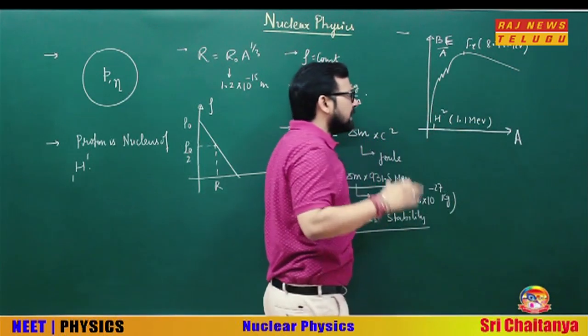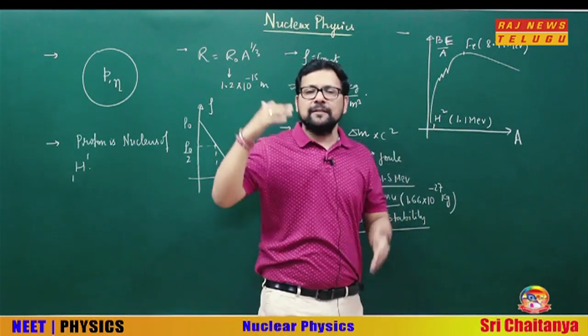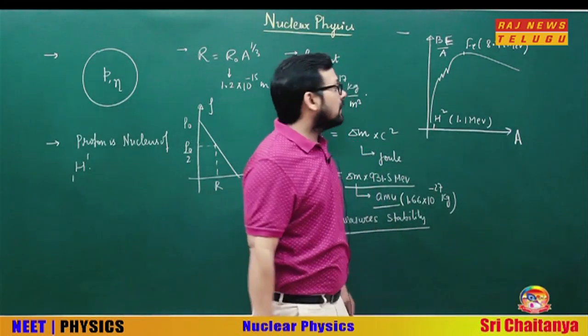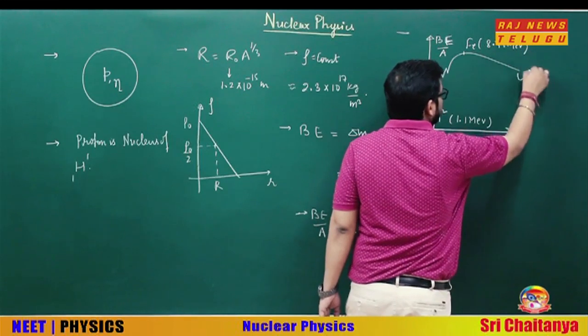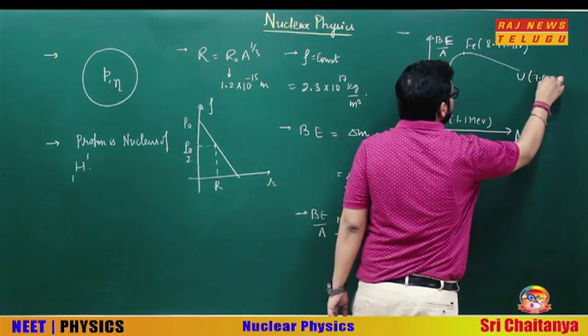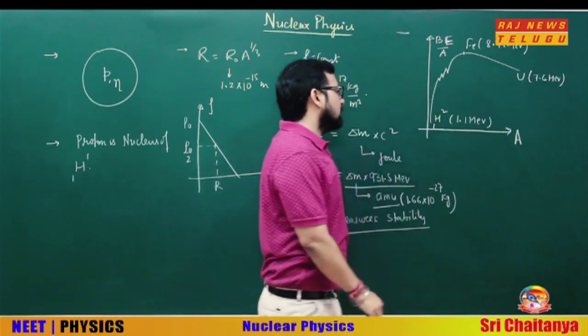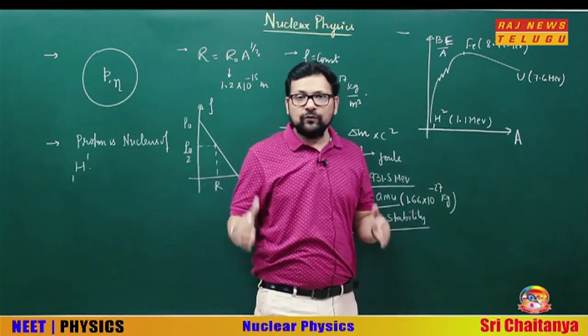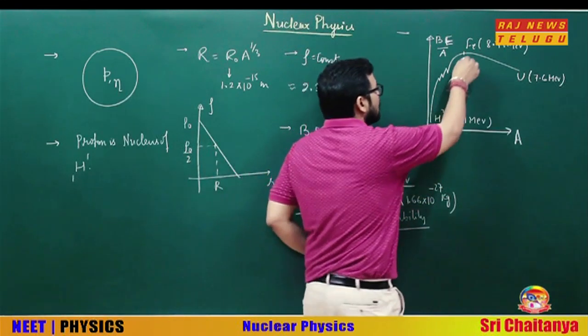Again, these data keep varying by a very small fraction, so nothing is damn accurate there. And it falls to uranium at 7.6 mega electron volt. This was the binding energy curve, in which this region was stable.